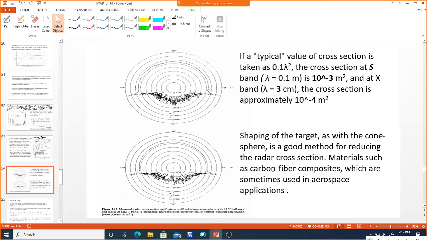If you coat the surface of the target with carbon fiber composites, or any other type of metal which is reflective in nature, the energy will be reflected in other directions, which is not desired by the enemy. So you have to take care while putting the fiber composites on top of the target, or whatever device we are using.